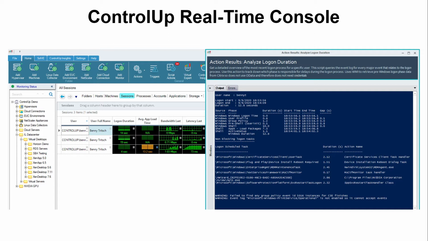So I can find out how long the Windows logon time took, the user profile load time, group policy, how long it took until the user init worked and the shell was started, the packages that were loaded by Apex, and all of that. And it gives me the total time that it took for this user session to get logged on.